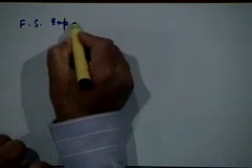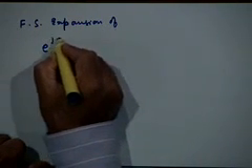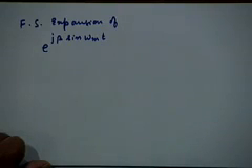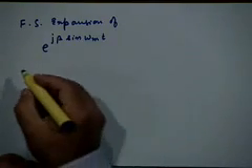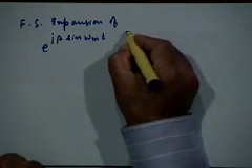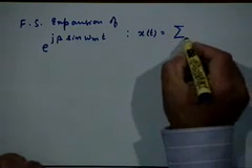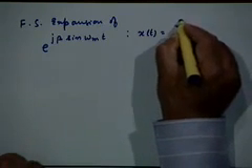So let's do the Fourier series expansion of e to the power j beta sine omega mt. What is the Fourier series expansion? We write x of t equal to a sum going from minus infinity to infinity.